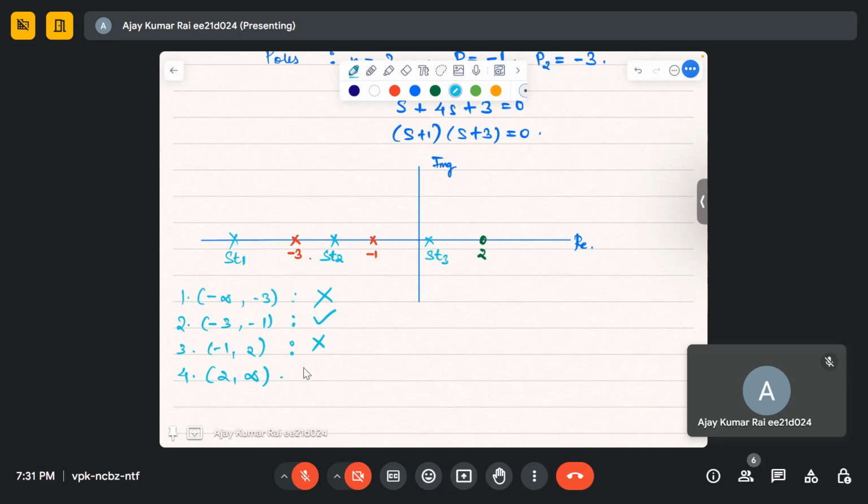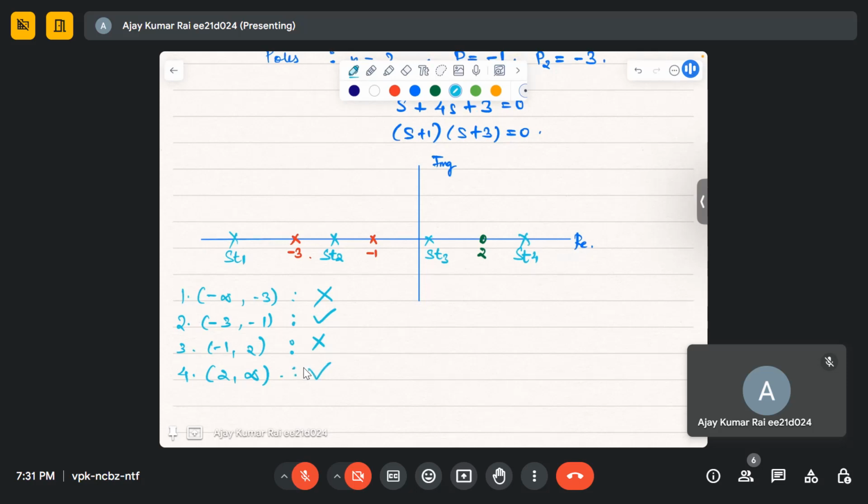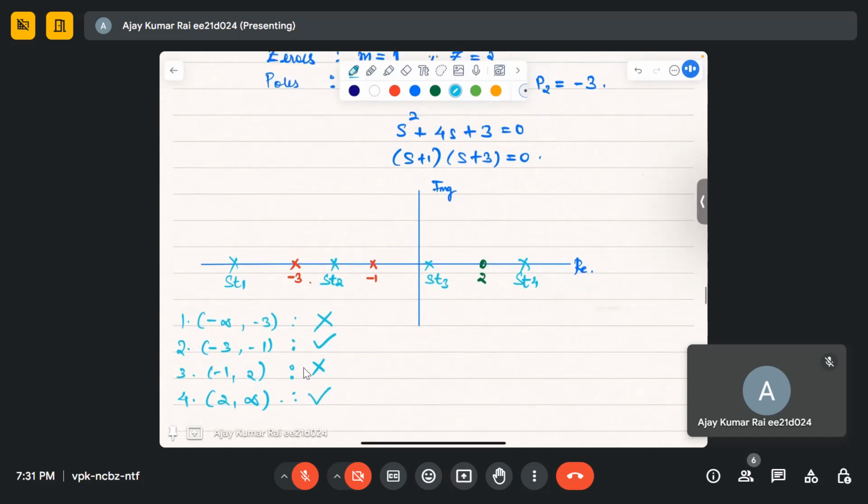And from 2 to infinity, zero poles and zeros lie on the right hand side. If you take this ST4 test point, zero is even. So this is where the root locus will exist. So let me mark where the root locus exists.